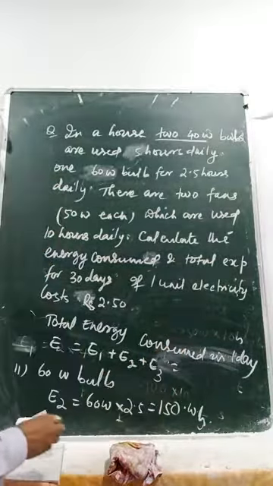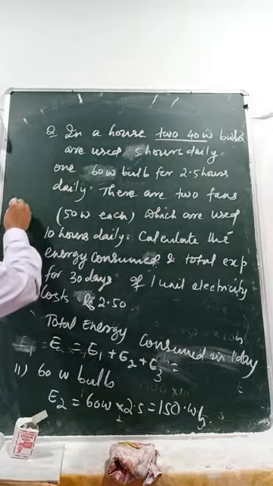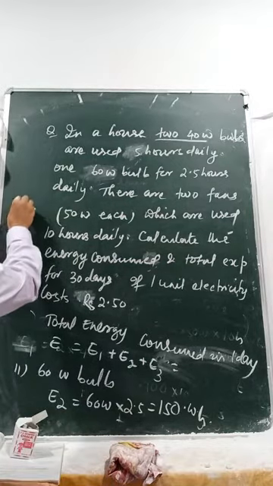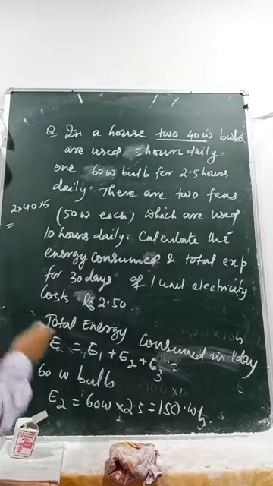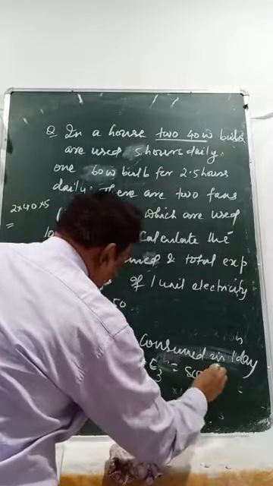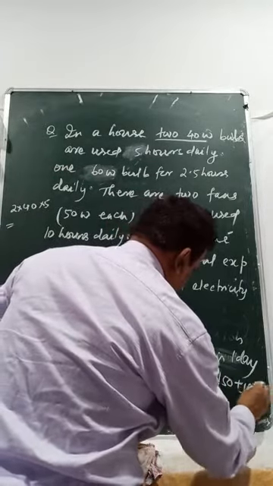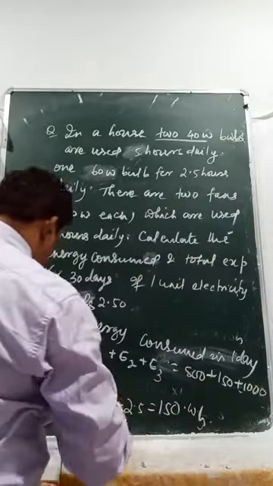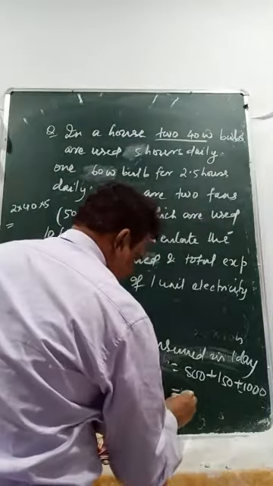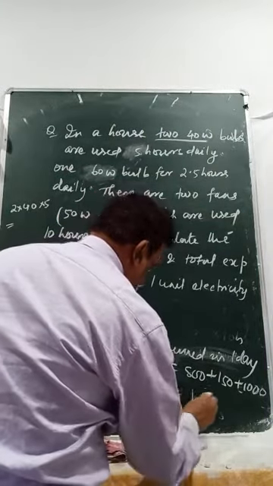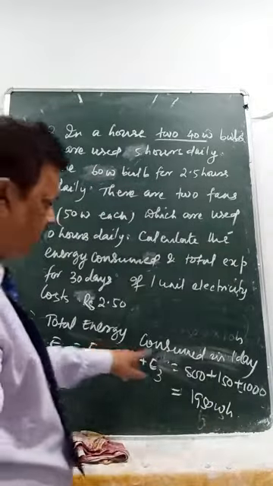First was 2 into 40 into 5, 400, plus 150 plus 1000. Total is how much? 1550 watt hour. This is for one day.